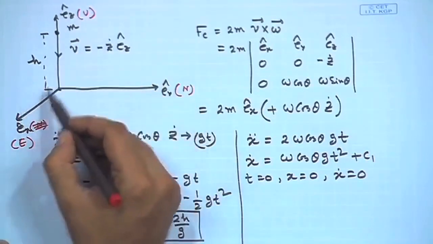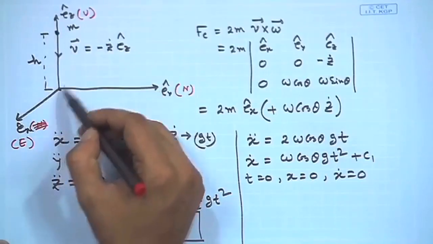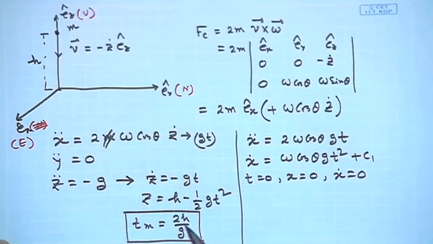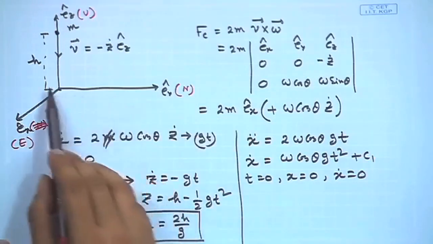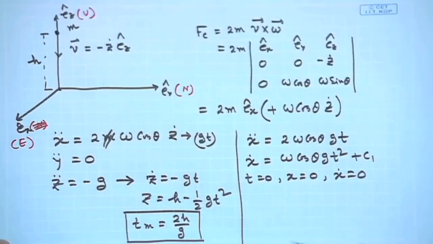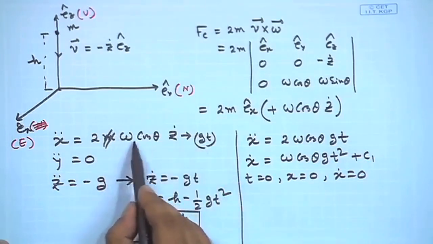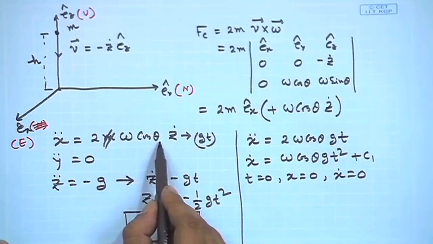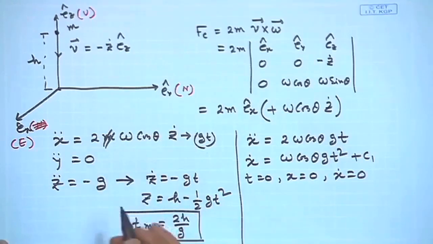Now this force will cause a deviation along east, that means there will be a velocity component along east as well. This velocity component along east will exert another force in the y direction. So there will be all these secondary effects, but because this force itself is too small, it is proportional to omega cos theta, we are assuming that the secondary effects are negligible.